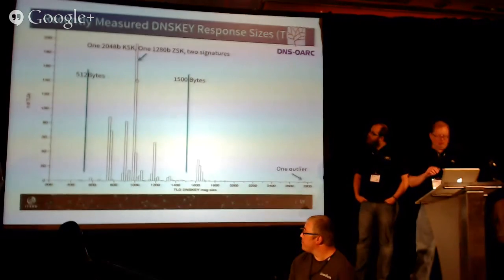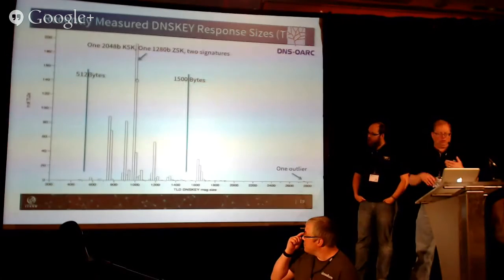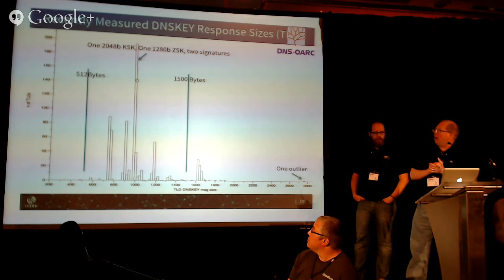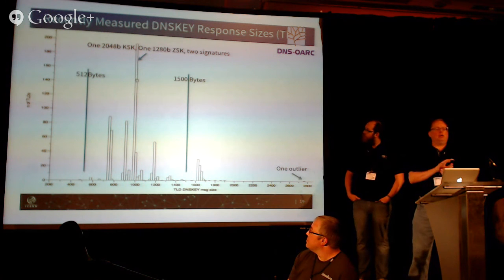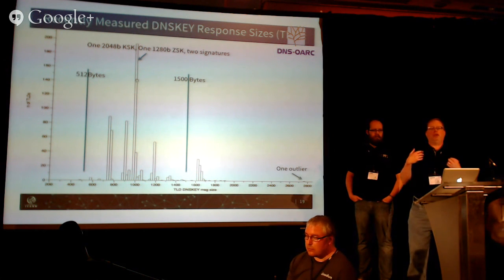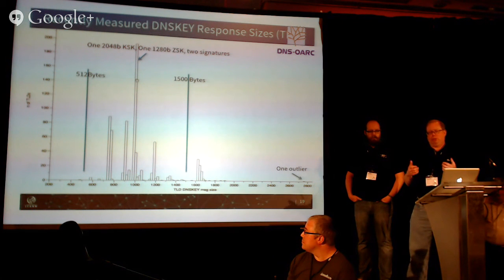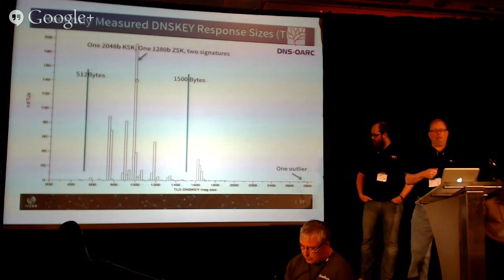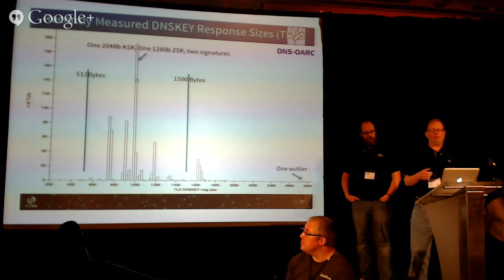And then the last graphic here is a look at today: what do TLDs do in terms of message size when you ask them for their DNS key? We've talked about this before; the size of that response is one of the most important things we're worried about. If it's too big, things will fall apart.